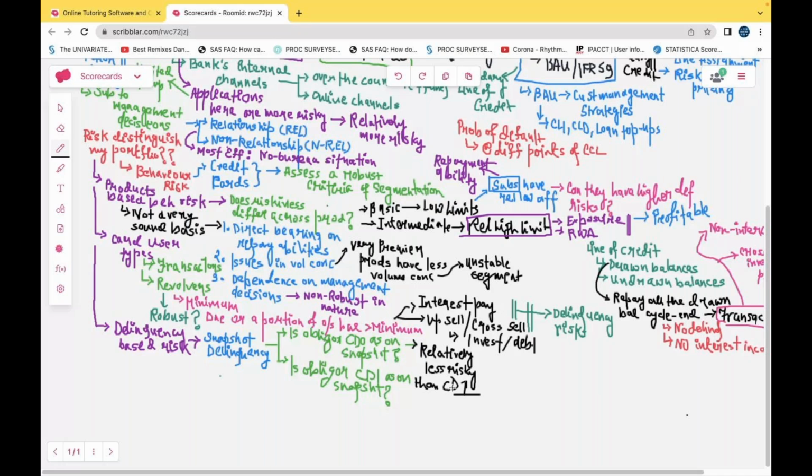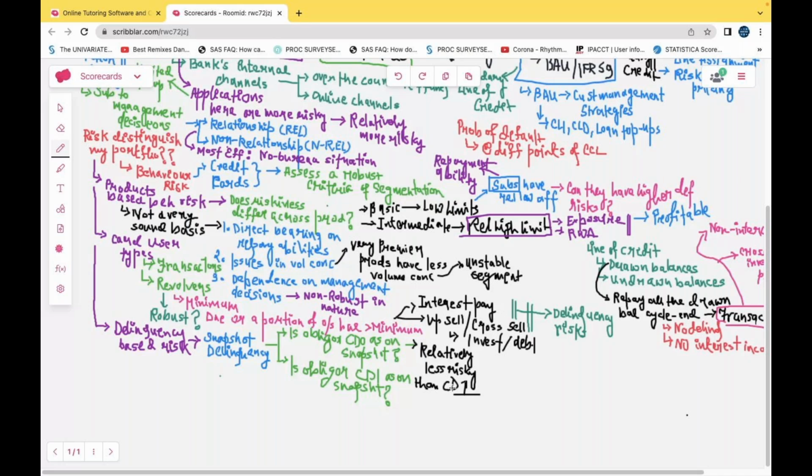So that's how this segment is analyzed. However, when I talk about a snapshot non-delinquent account, it is highly possible that, let's say we're looking at the data for Jan 2016 and account A is non-delinquent as on that month, but he may have been delinquent in the last 12 months.